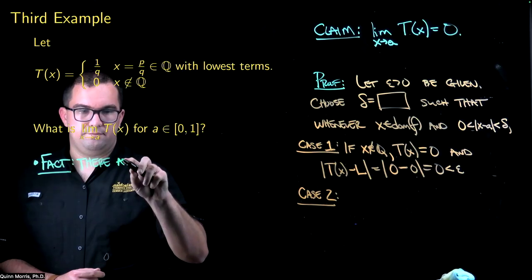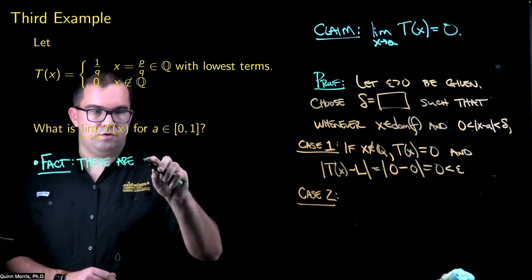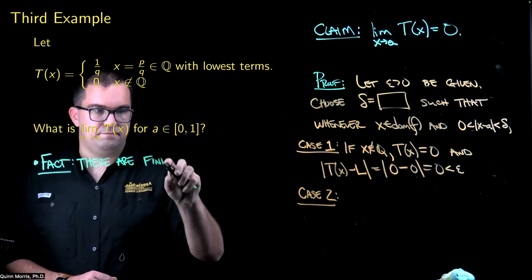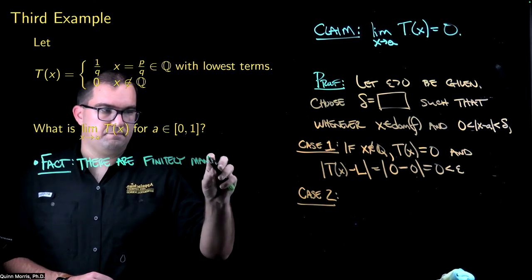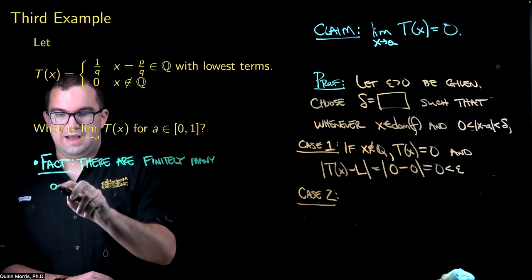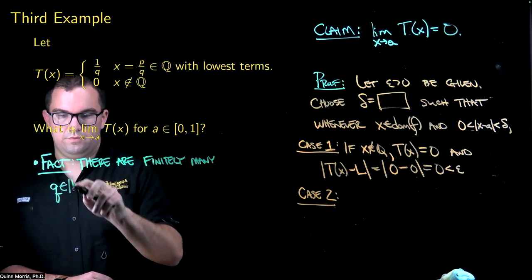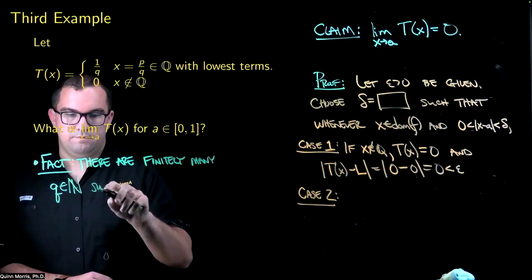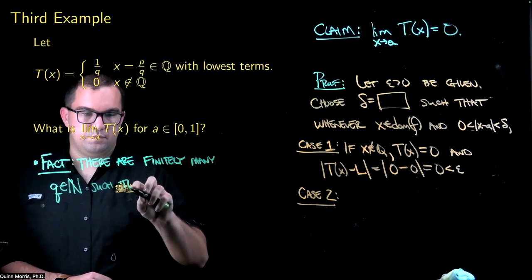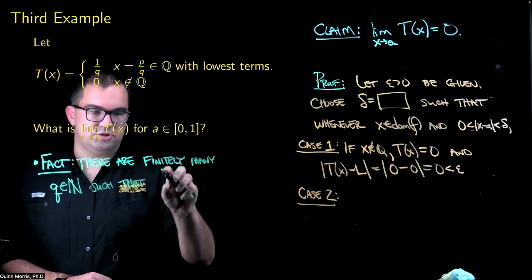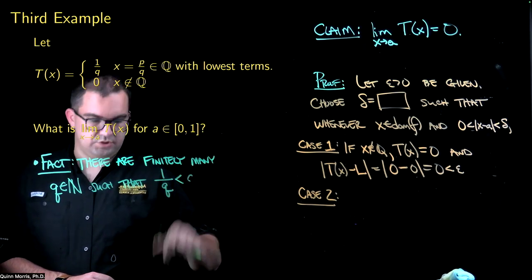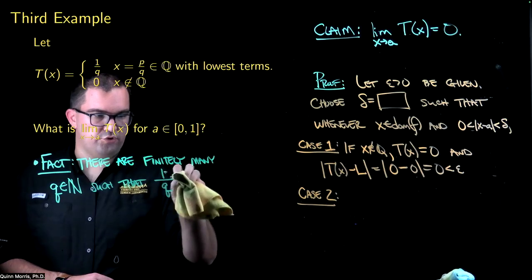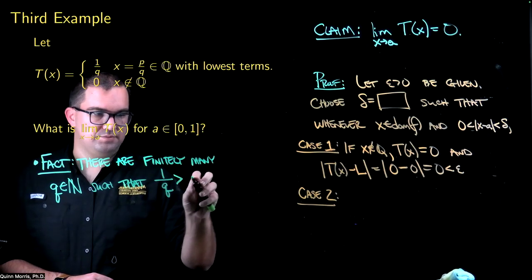There are finitely many natural numbers Q such that 1 over Q is greater than epsilon.